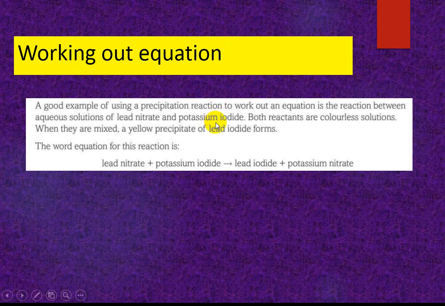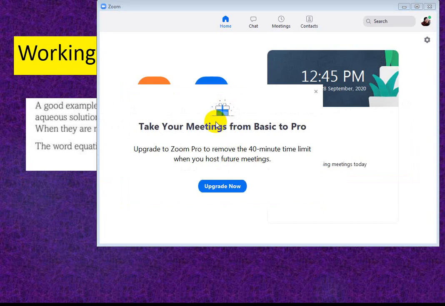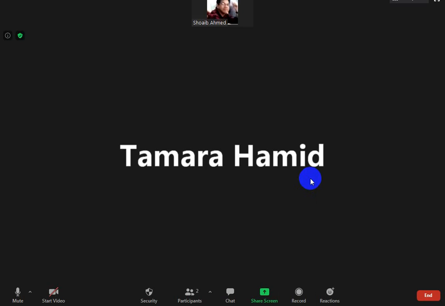What is the sulfate test? Alright, a white precipitate is formed.